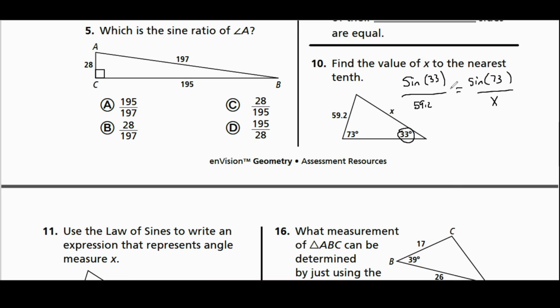This is going to end up giving me x times the sine of 33. That's going to be equal to 59.2 times the sine of 73. I want to isolate my x, so I'm going to divide by sine of 33.